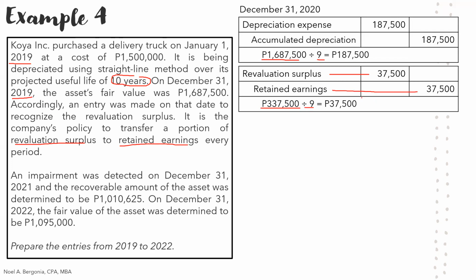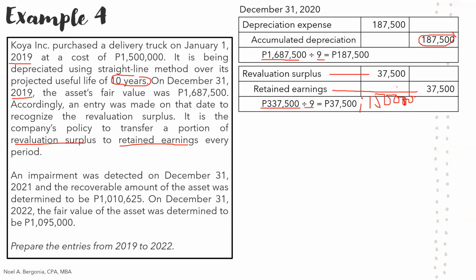So para mapakita ko yung original talagang computation based on IAS number 16, so ang sabi doon, old depreciation. So the old depreciation, kung babalikan niyo yung previous slide, was amounting to, magkano yung old depreciation natin? 150,000. Okay? So 150,000 po yung old depreciation natin. And then 'di ba ang new depreciation was 187,500.